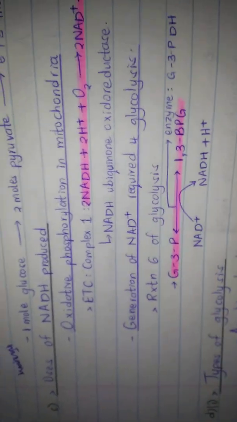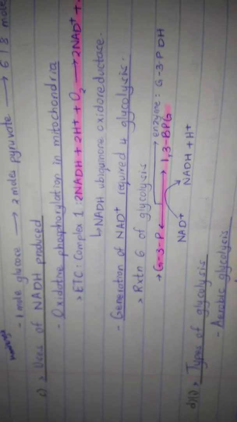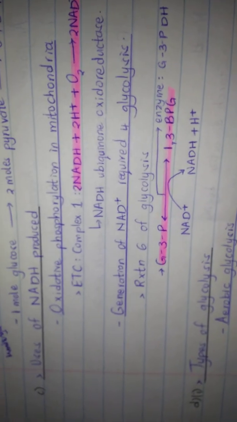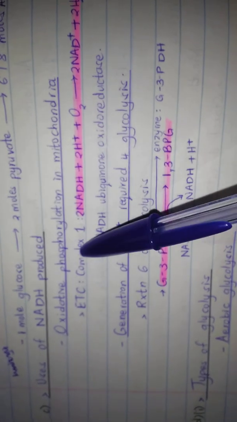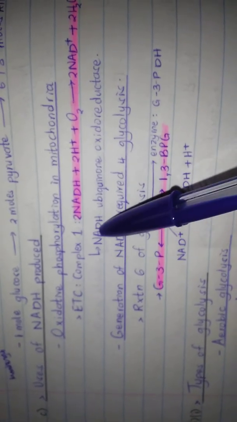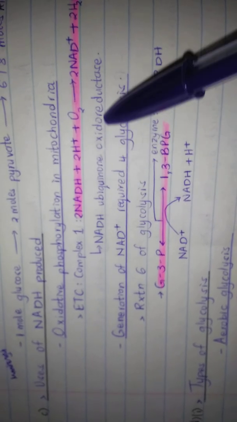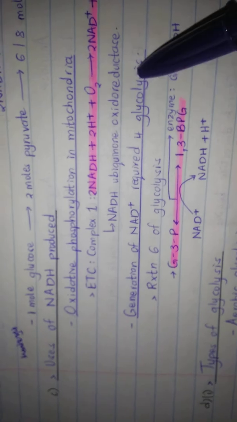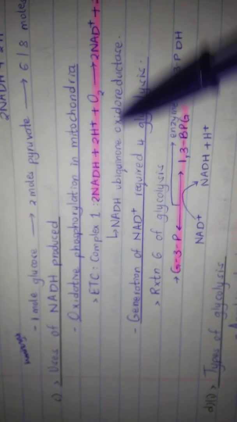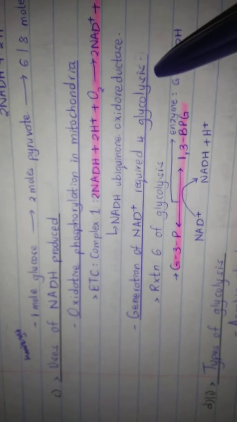The other use is in generation of NAD plus required for glycolysis. Remember also this complex 1 of the ETC is called NADH ubiquinone oxidoreductase. So, generation of NAD plus required for glycolysis. Where is this NAD plus used in glycolysis?